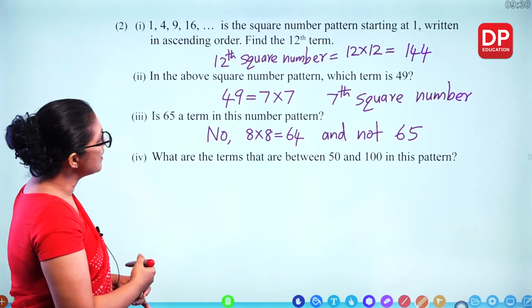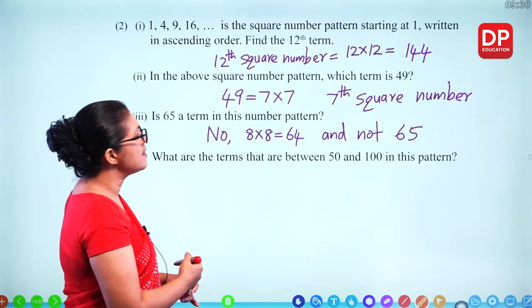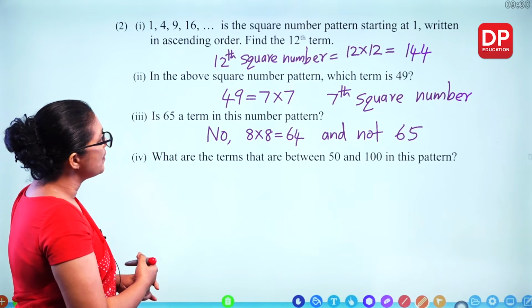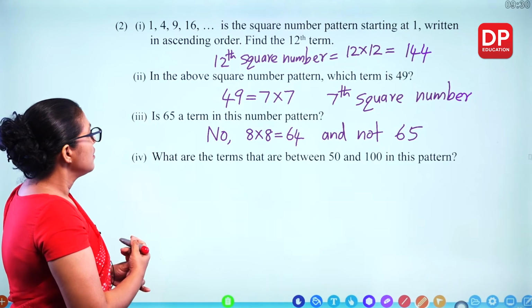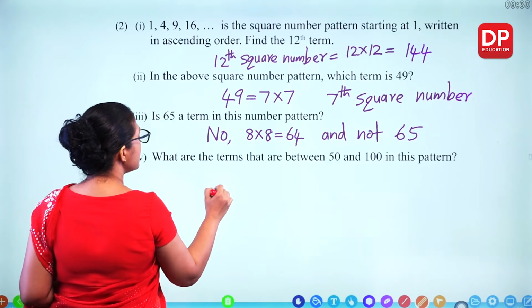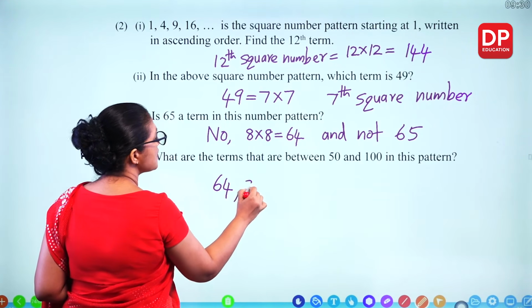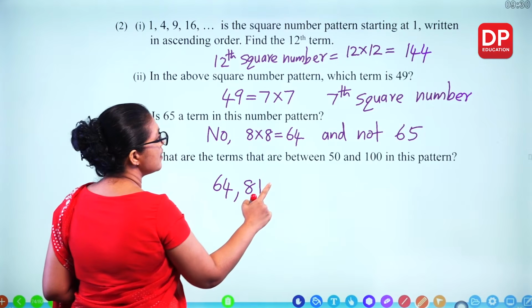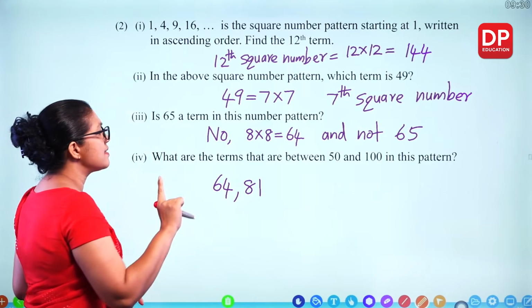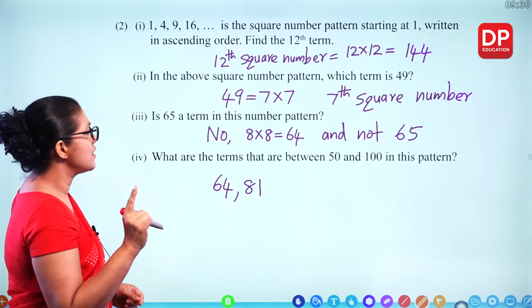What are the terms that are between 50 and 100 in this pattern? These are square numbers. So what are the numbers? 7 times 7, 49. 8 times 8, 64. 9 times 9, 81. So 10 times 10, 100 you can't take because this is in between 50 and 100.